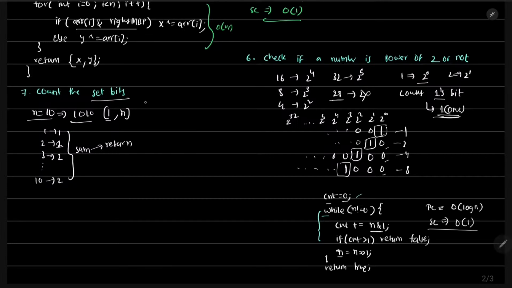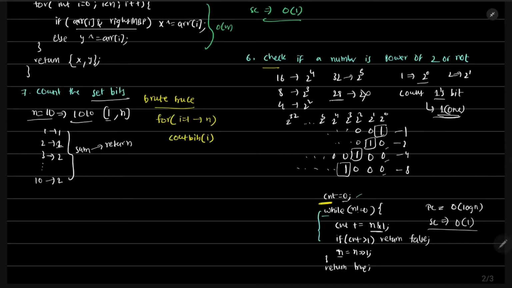So the brute force would be iterating through all the numbers using a for loop, i equal to 1 to n, iterating all the numbers. Call this count number of bits, right? Count bits of i.